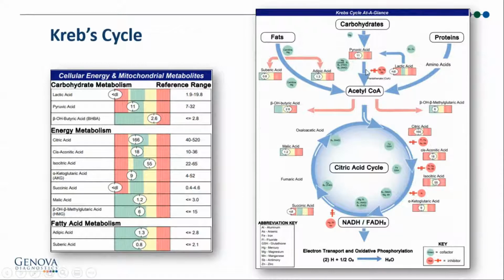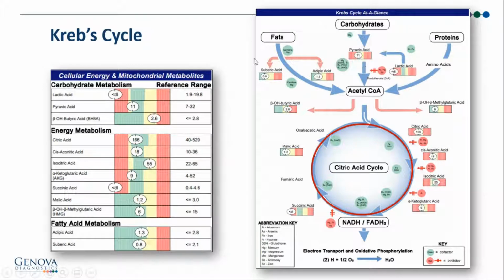So we know that in the mitochondria the macronutrients, proteins, amino acids, carbohydrates through glycolysis making pyruvic and lactic acid, and fats as fatty acids oxidizing, all go into the mitochondria to make acetyl-CoA. And then the acetyl-CoA goes through that cycle to produce energy.